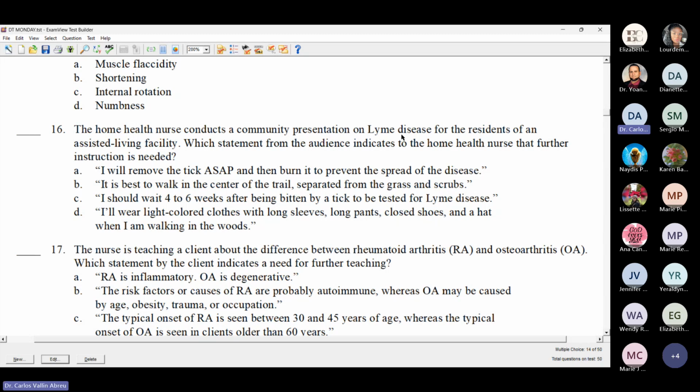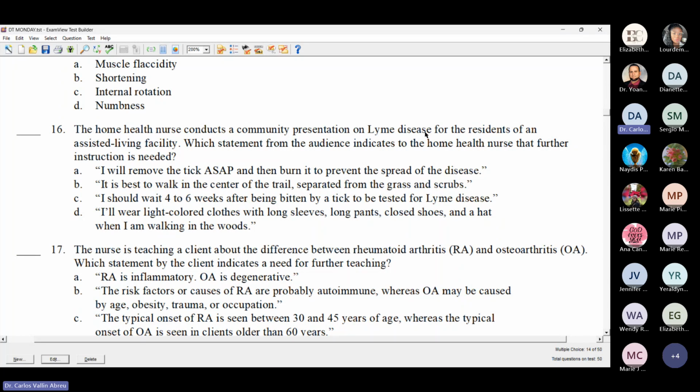I'm commenting that because I expect Lyme disease in people that work in the forest, in the industries related with forest, or individuals that for pleasure, for sport, for vacation, whatever, visit the forest, because it's the classical situation.